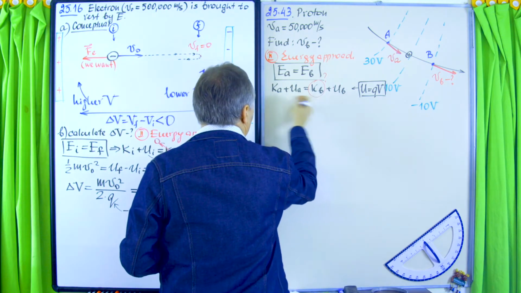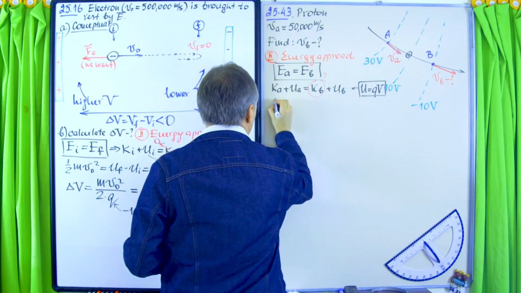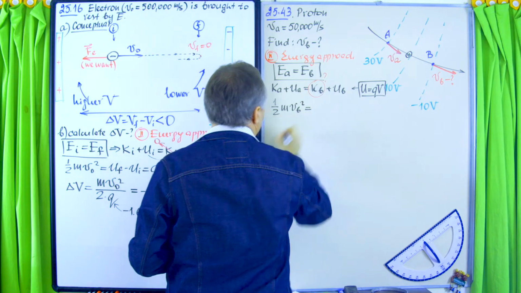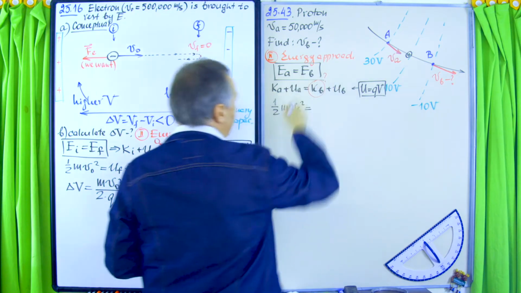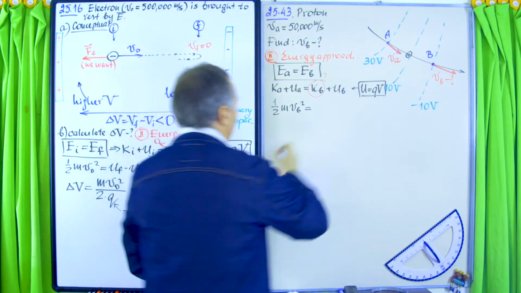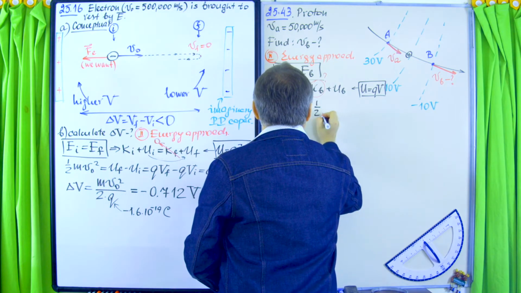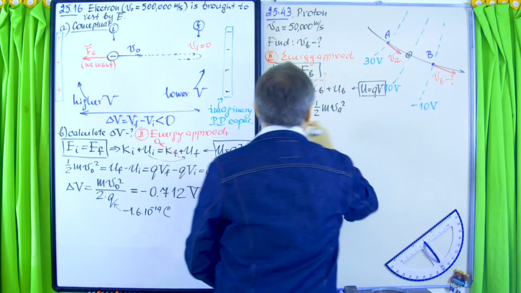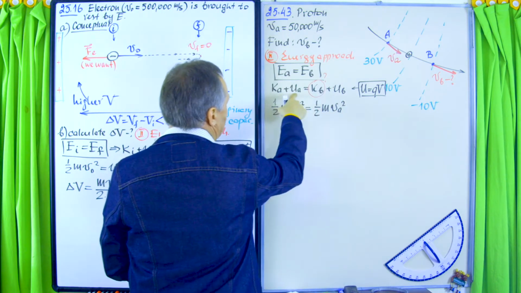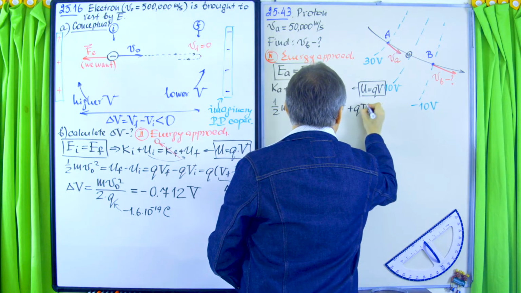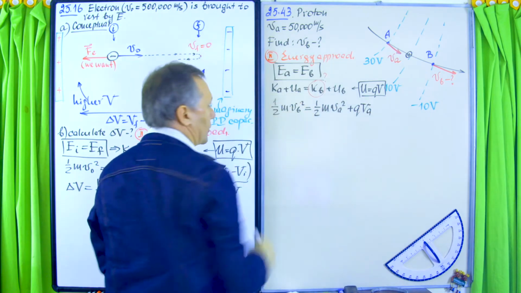Okay, I will move this to this side. So it will be 1 over 2 m v_B squared equals, and that term, of course, I will move to the other side: 1 over 2 m v_A squared, plus q V_A.